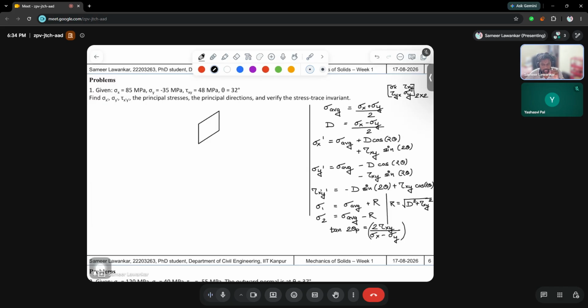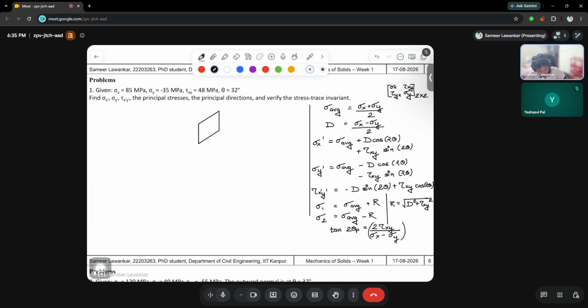You won't get sigma average at any particular location. There will be one point at which sigma x plus sigma y by 2 will exist. But the major use of sigma average is just to calculate the principal stress directions. As you can see, principal stress values are basically hovering around sigma average plus R or sigma average minus R.